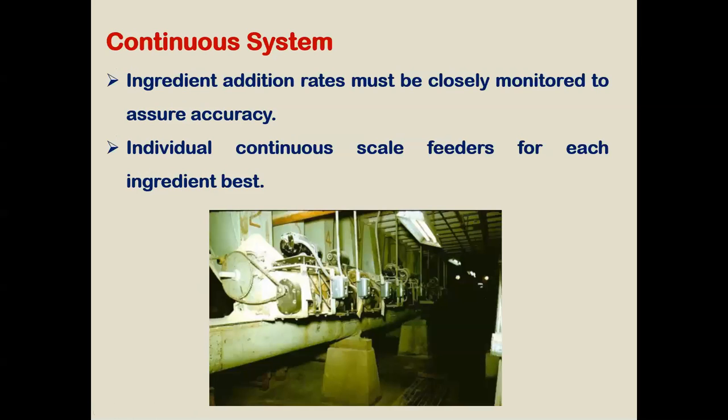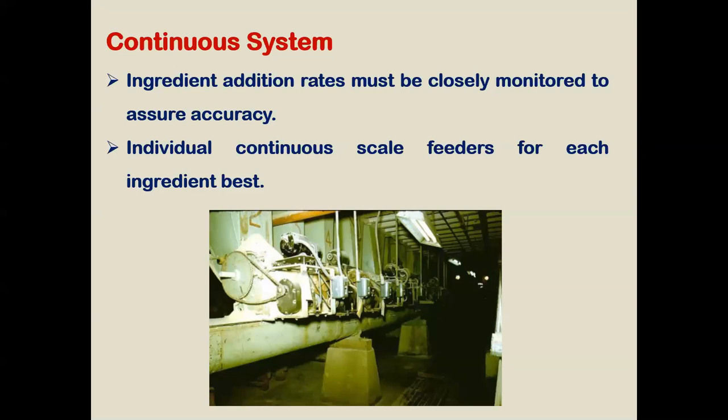Next is the continuous system. After the batching system, this is the continuous system where ingredients are added at a rate which must be closely monitored for accuracy. To ensure the accuracy, the ingredient addition rate is very important.